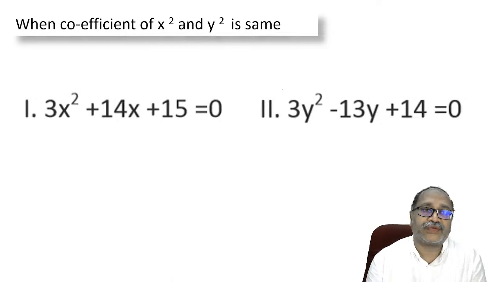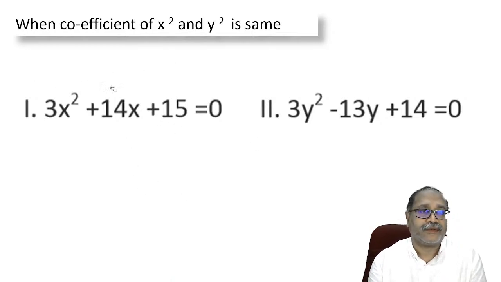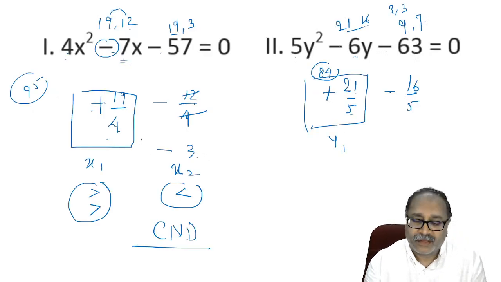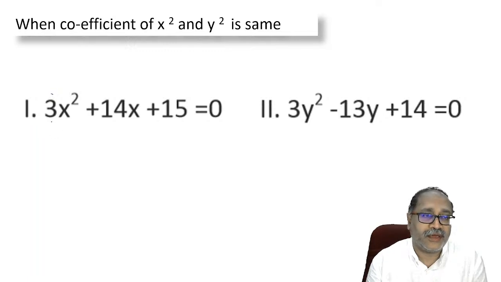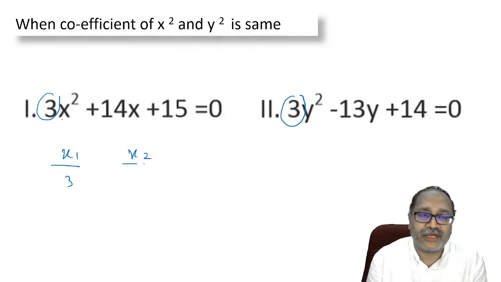Let's move on to the next one. When the coefficient of x is same, look at this one. This is 3 and this is 3. In that case, you don't need to divide the value by 3, because here also we get x1 divided by 3, x2 divided by 3.